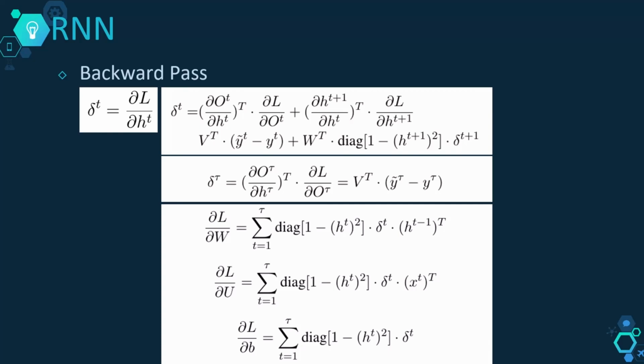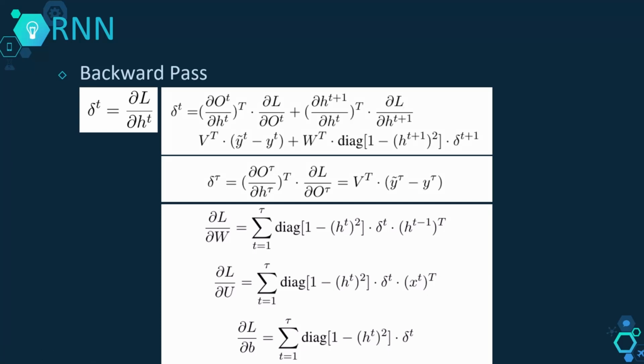What makes it more complicated is getting the derivatives of L with respect to the other three, W, U, and B. To do that, one tricky thing is that to calculate all these derivatives, we need to get one thing. That is partial L, partial H. Let's call it delta. For example, for the current layer, partial L, partial H_t is delta_t. We can do it by expanding it, also using the chain rule. We will eventually get this.